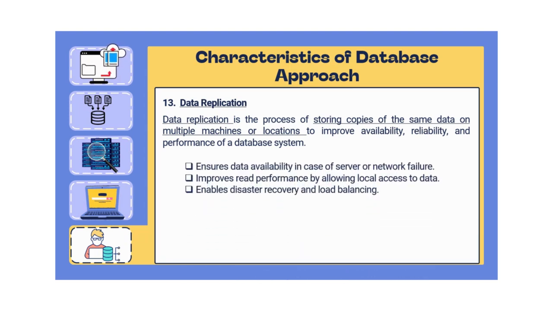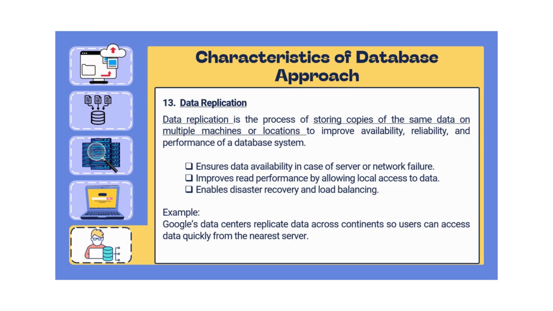It ensures data availability in case of server or network failure, improves read performance by allowing local access to data, and enables disaster recovery and load balancing. Example: Google's data centers replicate data across continents so users can access data quickly from the nearest server.